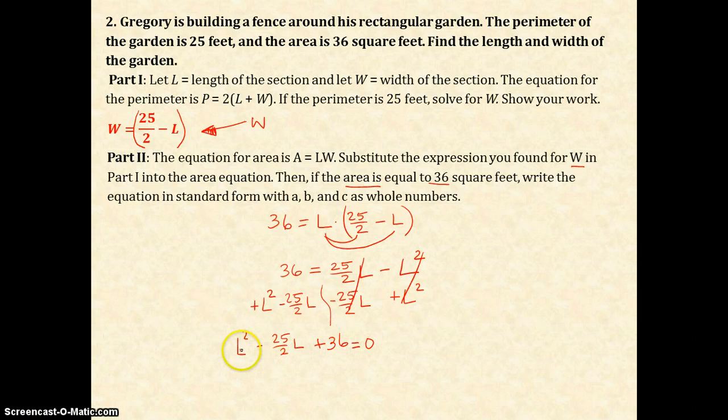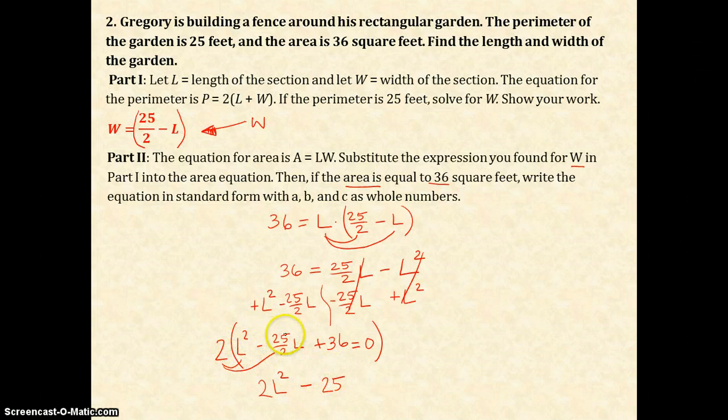It's close to standard form, but I don't have A, B, and C as whole numbers yet. But I can see a way to make them whole numbers if I just multiply everything by 2. So that gives me 2L squared minus, now the reason I'm multiplying by 2 is because when I multiply here, 2 times 25 over 2 is 2 times 25 divided by 2, that's just 25.